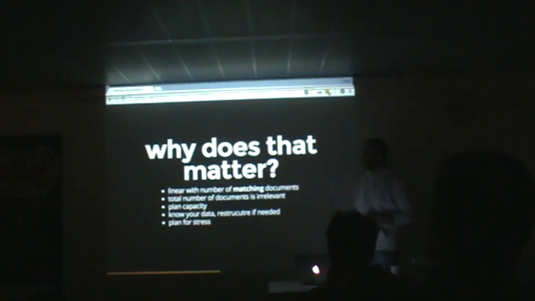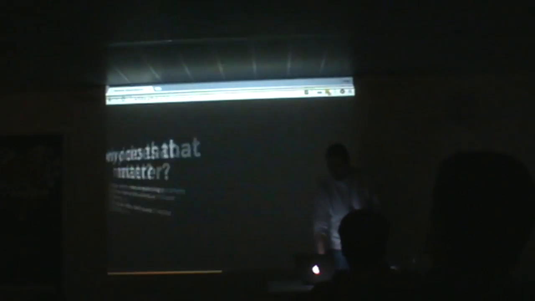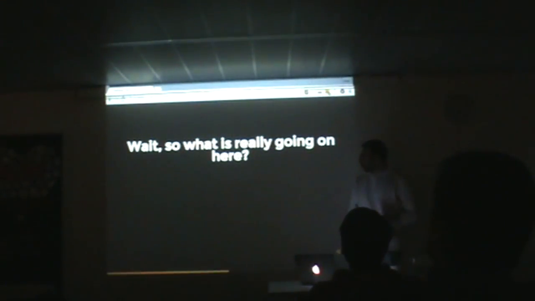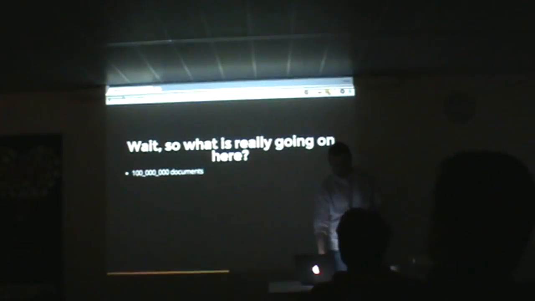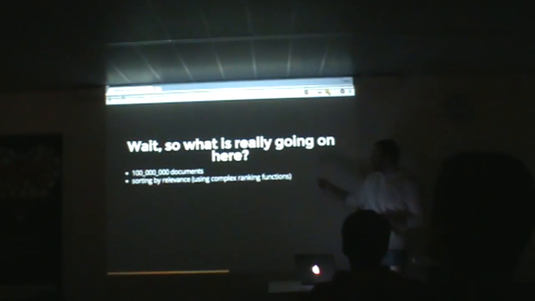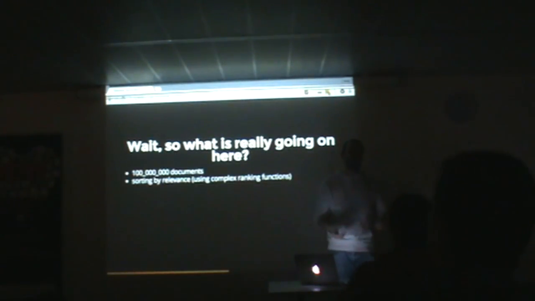And of course, knowing that, you can plan for stress because you can estimate your worst cases. So, to illustrate again what's happening, we have 100 million documents. We are sorting them by relevance. The sort is usually TF-IDF, or it takes into account how many documents have a term, how many words the document that matches on Perl has, etc. Usually there is BM25, and you can do those.